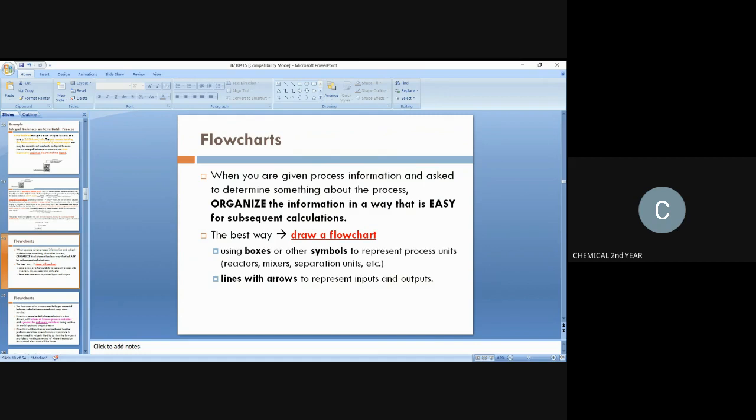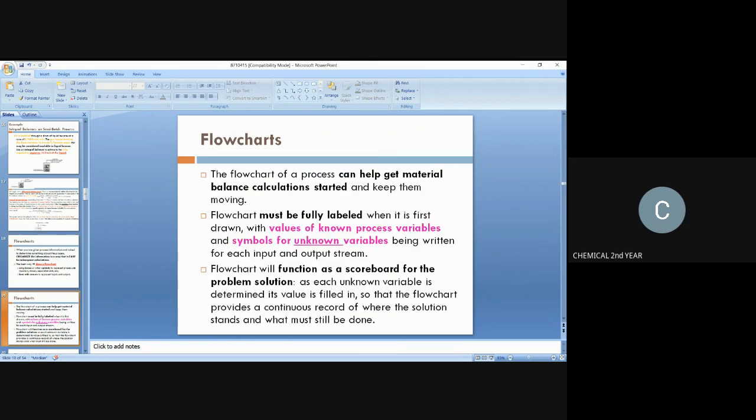Flowchart: given process information, to determine something about the process, organize the information in a way that is easy for subsequent calculation. The best way is to draw a flowchart using boxes or other symbols to represent process units, reactor, mixer, separation units, etc., and lines with arrows to represent the inputs and outputs. Drawing a flowchart of a process can help in balance calculations, to get started and keep them moving.